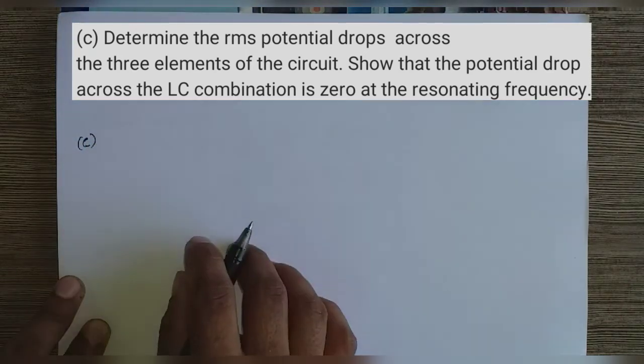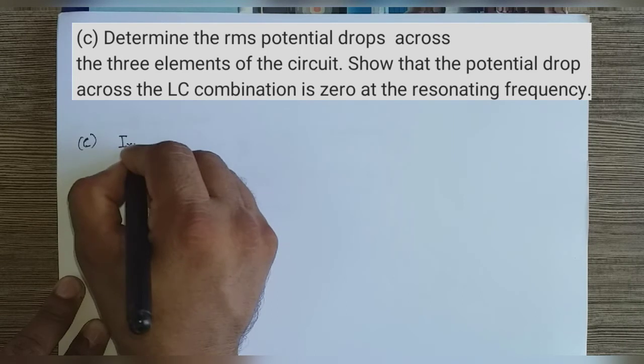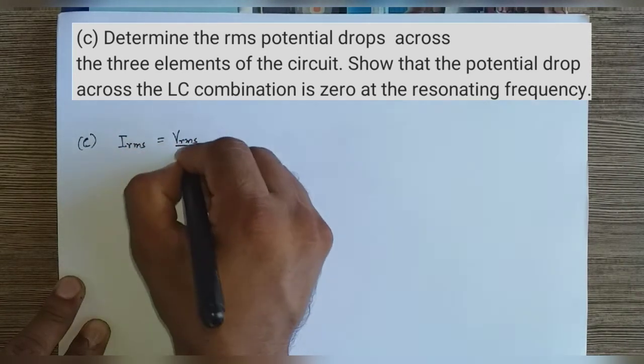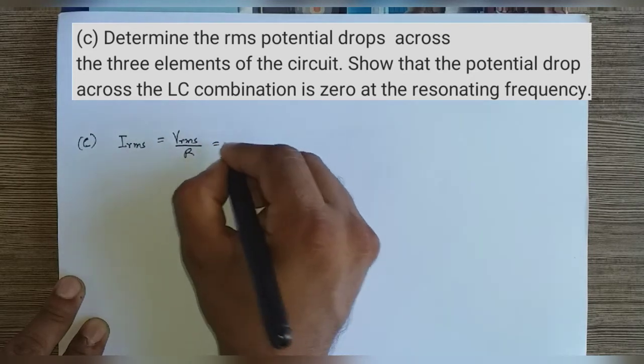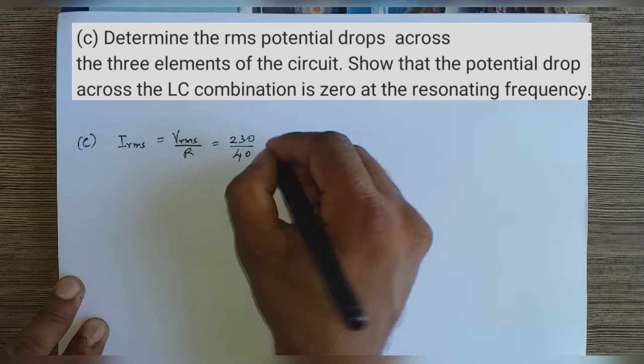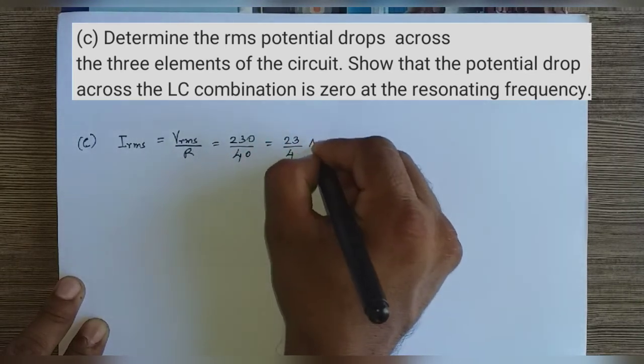Here we first find the RMS potential drop. For that, we first calculate the IRMS value. IRMS is equal to VRMS by R, which is 230 by 40, so the answer is 23 by 4 ampere.